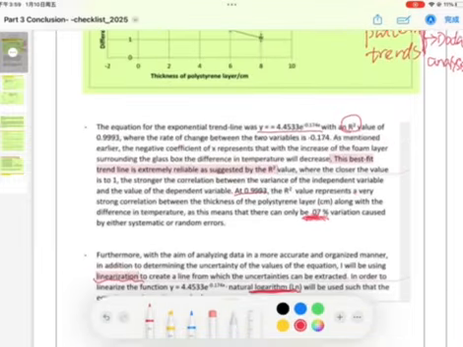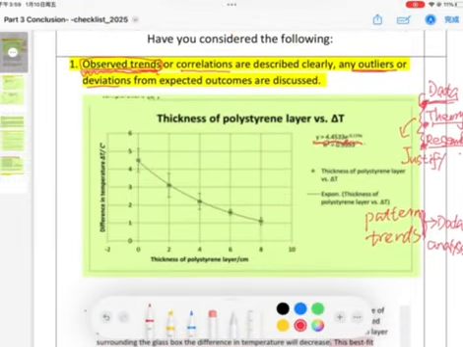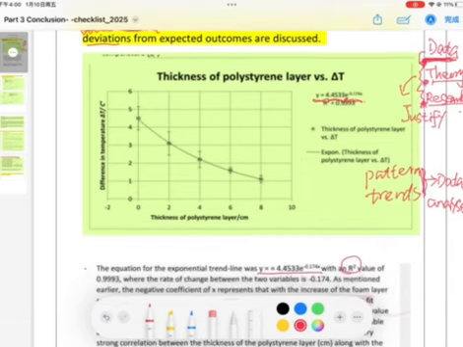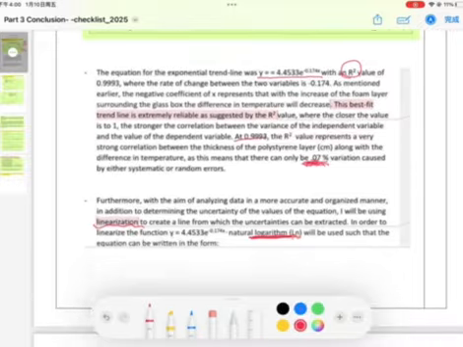Those are the first criteria, or first part, of your justification. Use your data and your uncertainty and justify your conclusion.